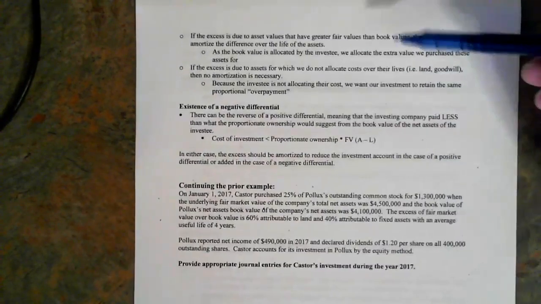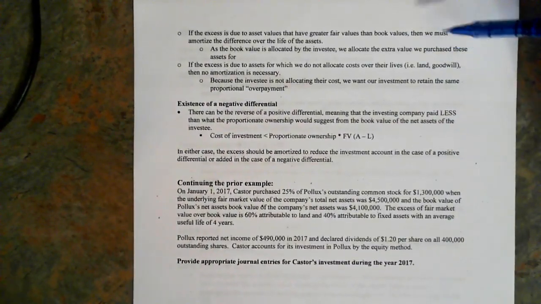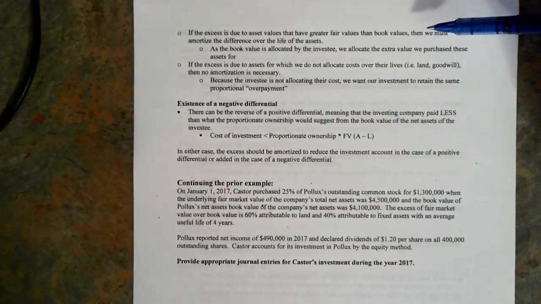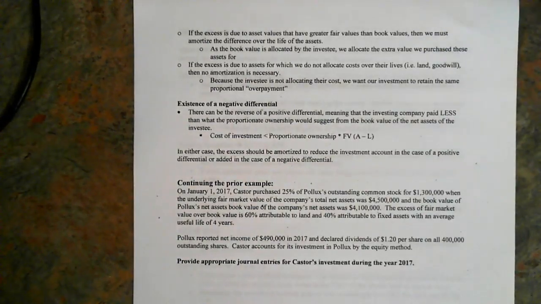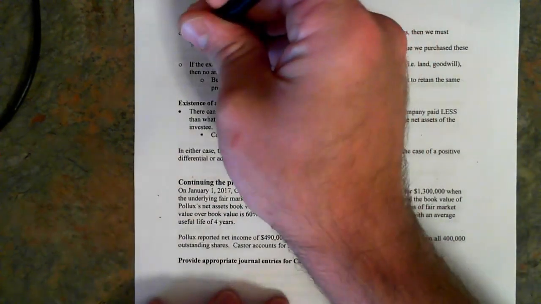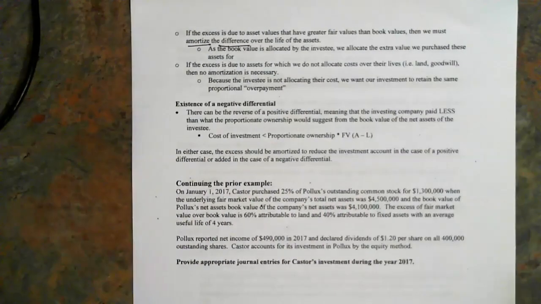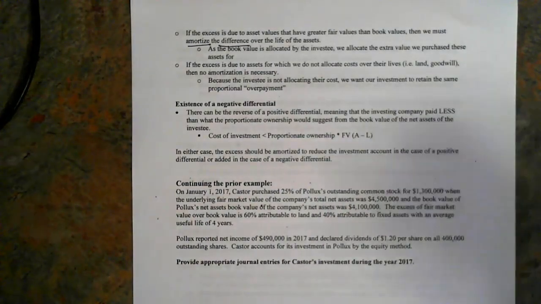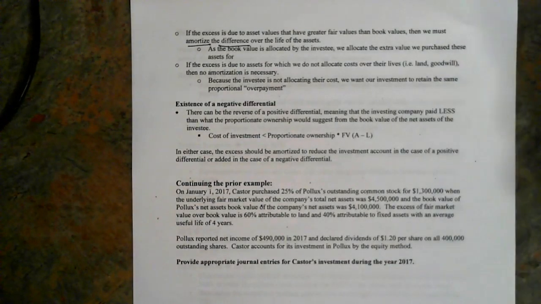If the excess is attributable to assets that have greater fair values than book values, then we have to add another adjustment. We have to amortize the difference of this over the life of the assets. So for example, with those fixed assets, our investee is going to be depreciating them over 4 years. Well, that's going to reduce our net assets, by reducing net income.